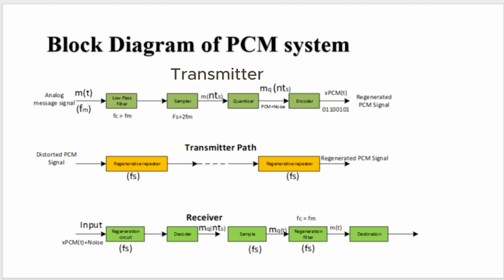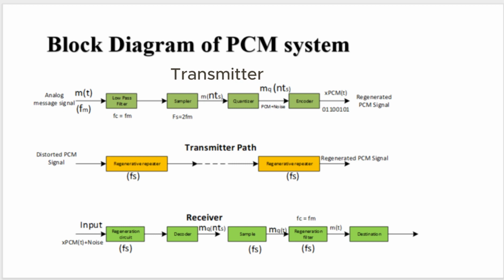This means that now the signal m(t) is band limited to fm. The sample and hold circuit then samples the signal at the rate of fs. Sampling frequency fs is selected sufficiently above Nyquist rate.